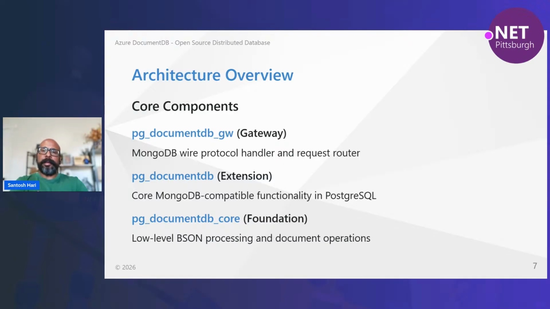And PG document DB core handles the binary encoding and decoding. It does things like document validation and enforcement. It does the low-level data type conversions, makes storage efficient, and basically it's the performance-critical path for all document operations.